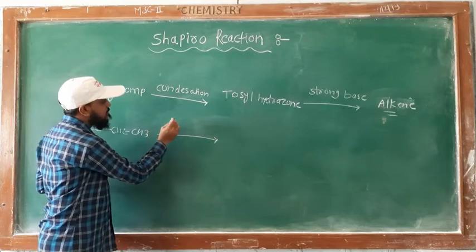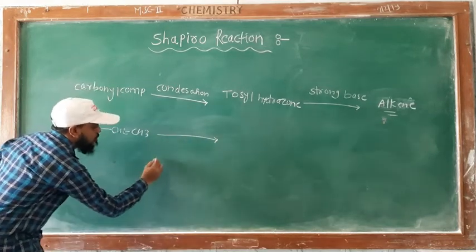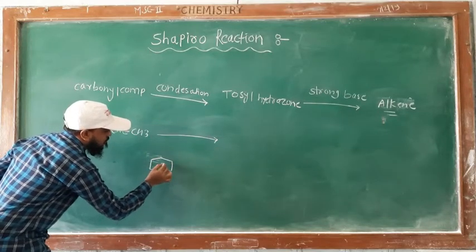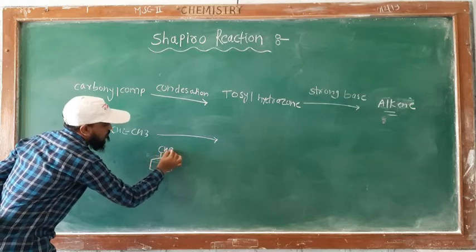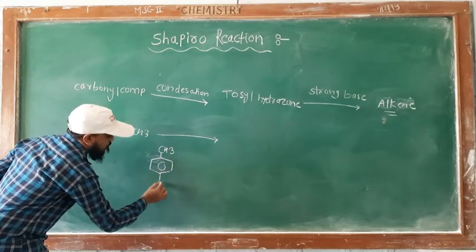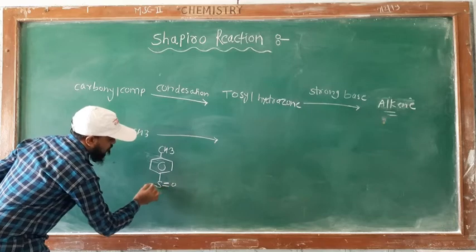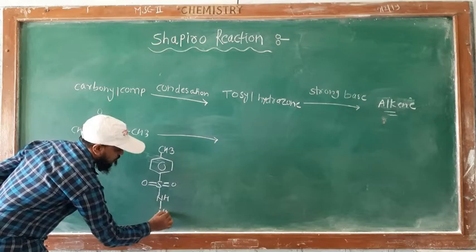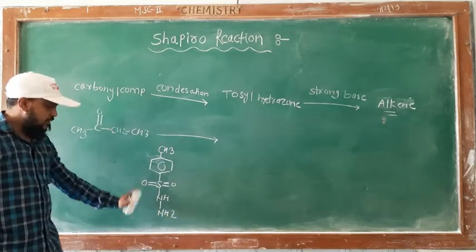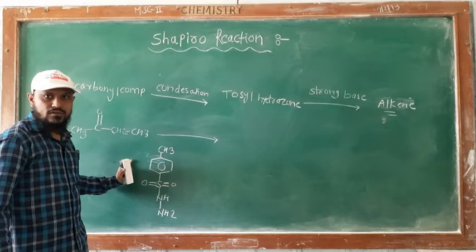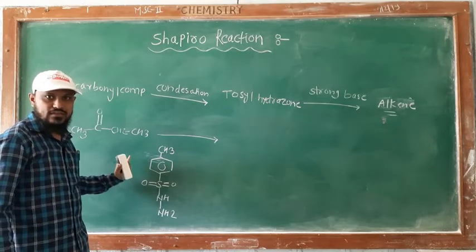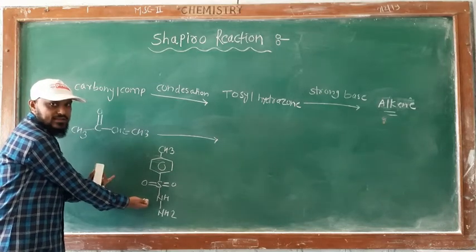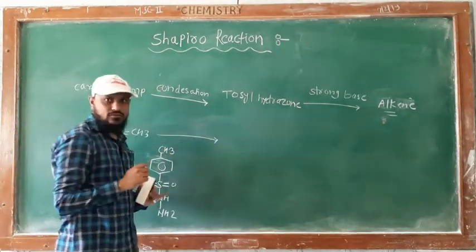So here I write the structure of tosyl hydrazine. This is the structure of tosyl hydrazine, and when this carbonyl compound is treated with it, a tosyl hydrazone is formed.